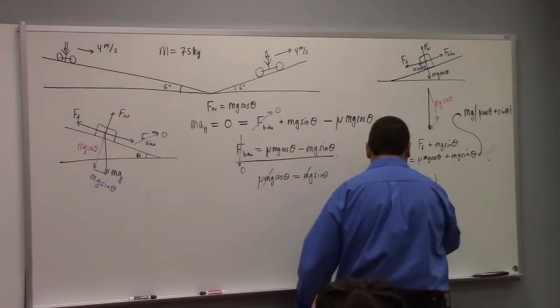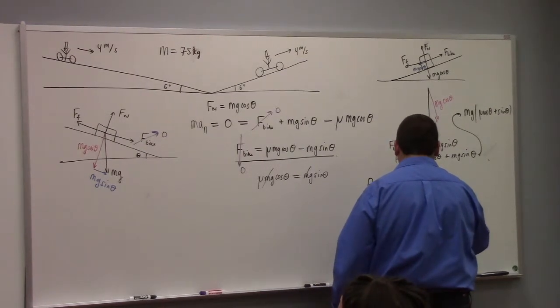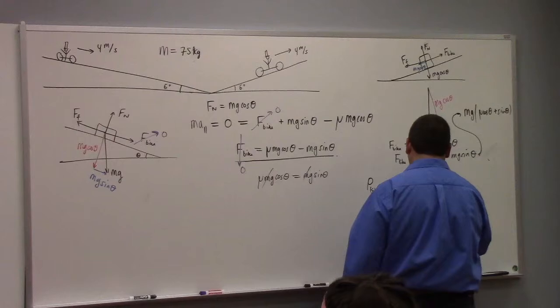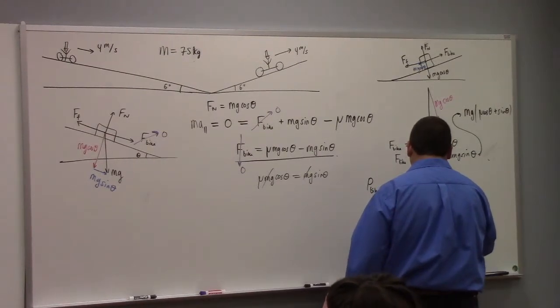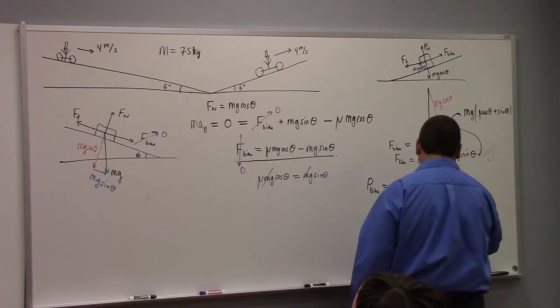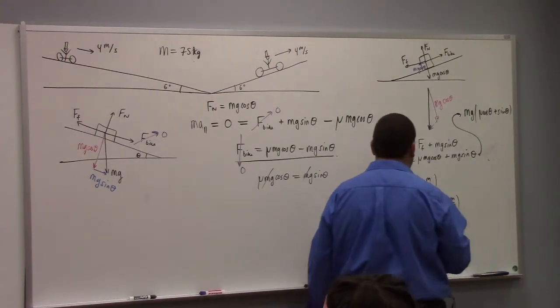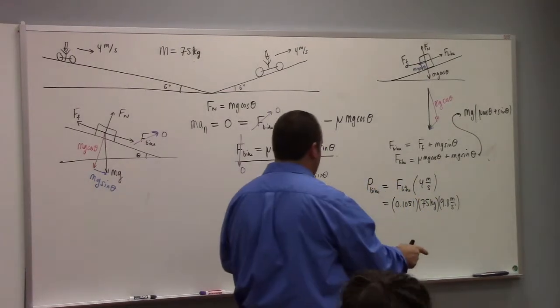So we have 0.1051 times my mass times g, which my mass was 75 kilograms. Oh, we did need to know it, didn't we? 75 kilograms times 9.8 meters per second squared. That's my m, that's my g.